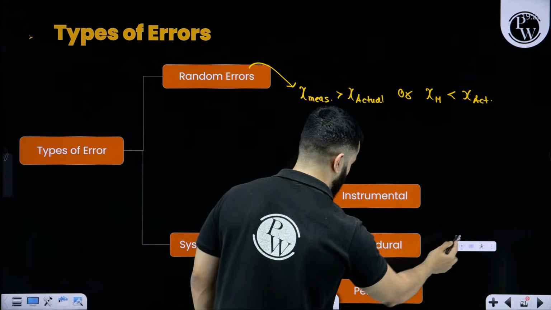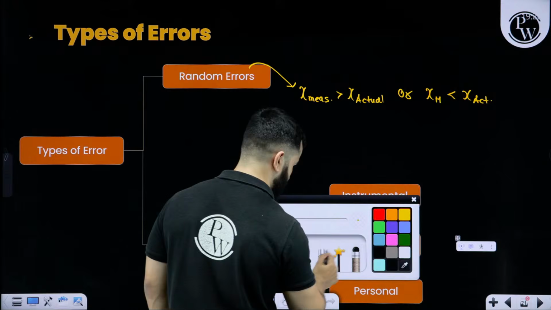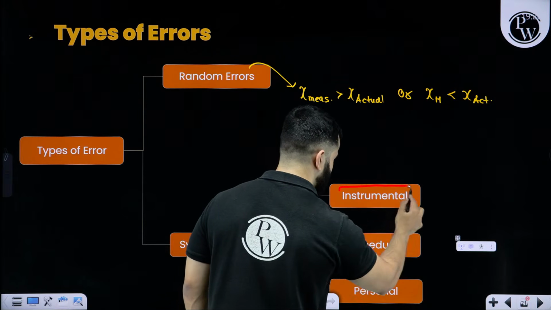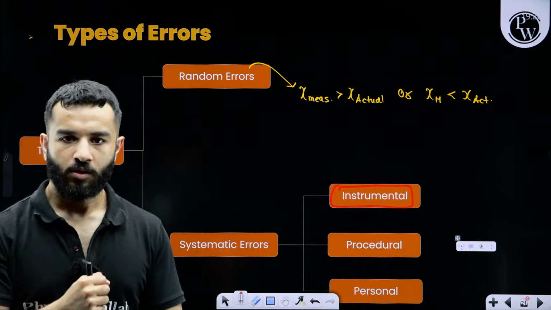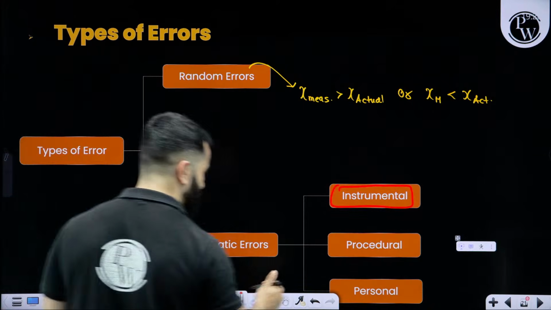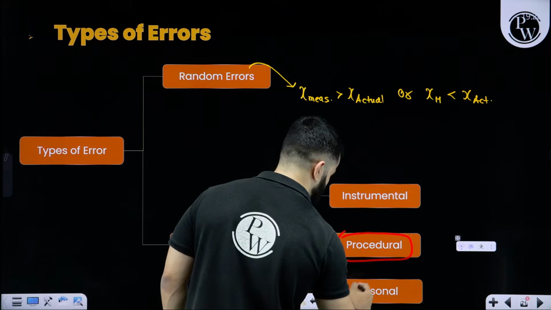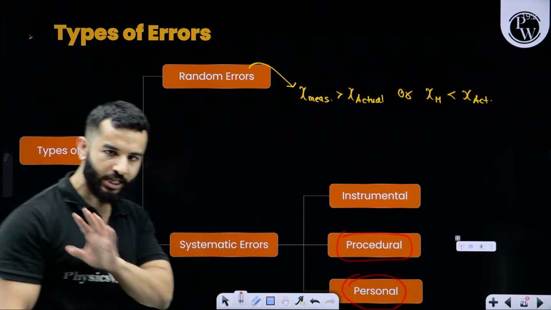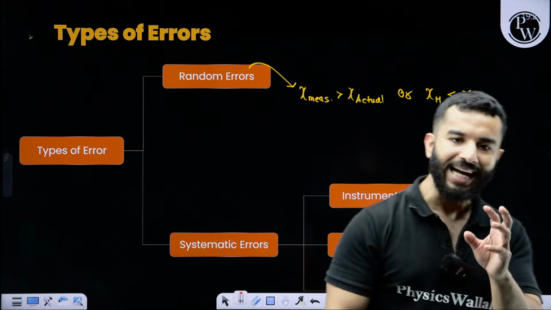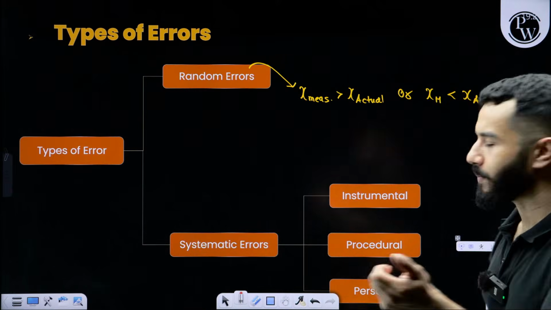In this you have got instrumental errors. These errors happen because of error in the instrument. Then you have got procedural error, and then personal error. Although types of error is not super important for the NEET exam, they can give you one or two statement based questions.